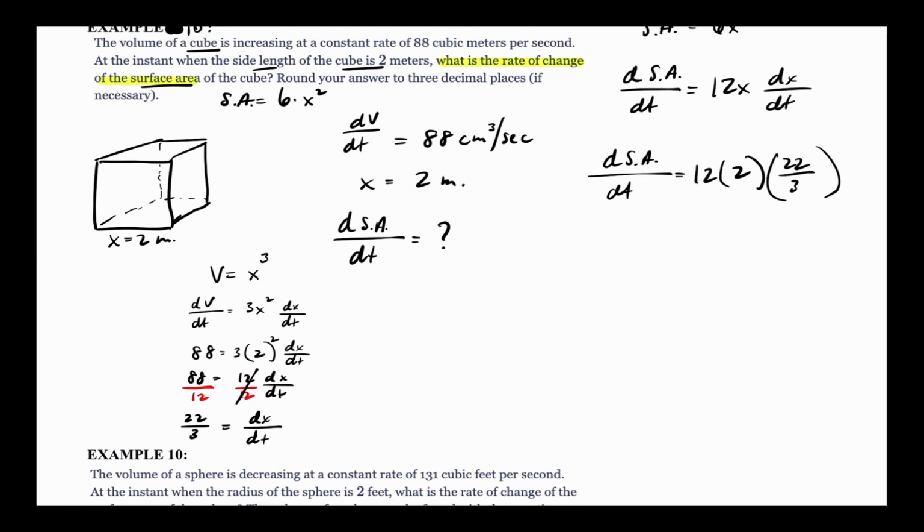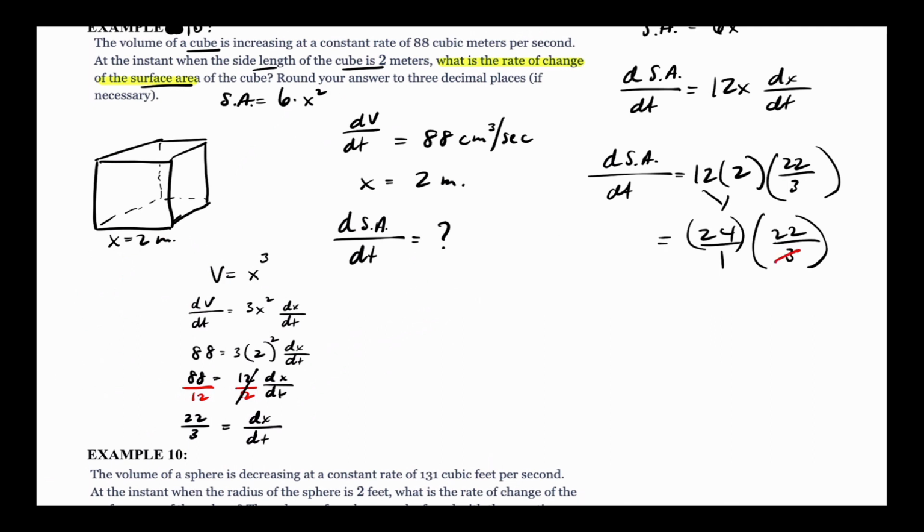22 over 3. So I got 24 when I multiply these two, 24 over 1, and 22 over 3.